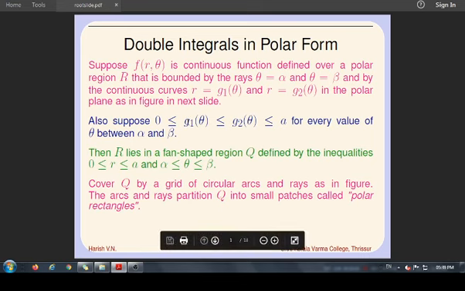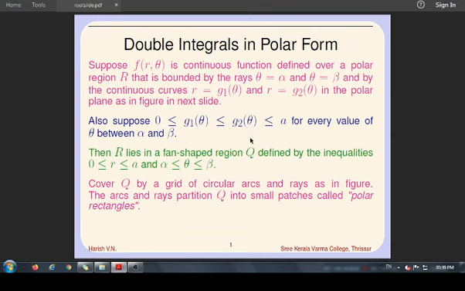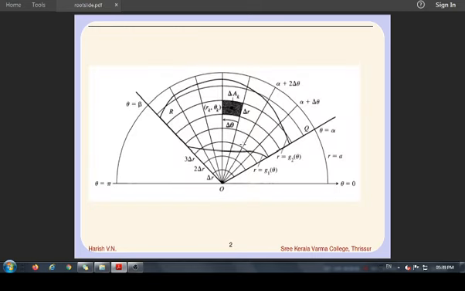We also assume that g1 of theta is less than or equal to g2 of theta, and g2 of theta is less than or equal to a, then only we can cover R by the region Q. g1 of theta is this, which is less than or equal to g2 of theta for all theta.